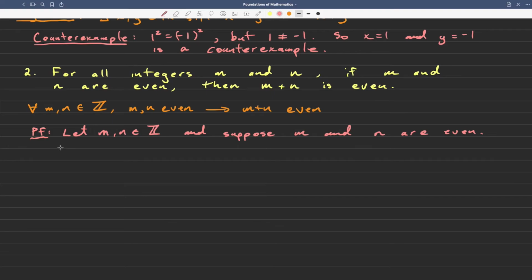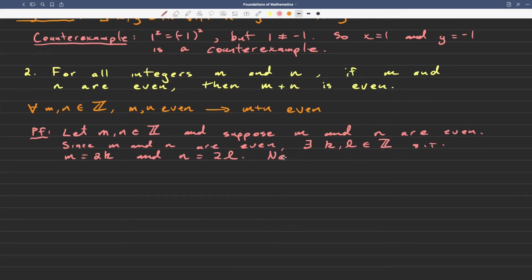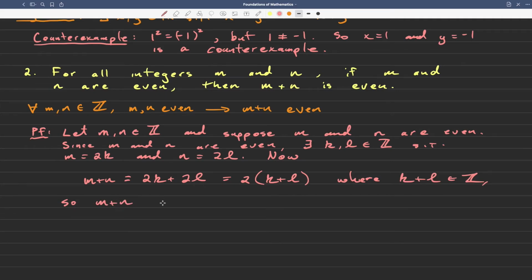We know m and n are even, so there exist integers k and l such that m is 2 times k and n is 2 times l. Now we can look at the sum of m and n. m plus n is equal to 2k plus 2l, which adds up to 2 times k plus l, where k plus l is an integer. So m plus n is even, being expressed as 2 times an integer.